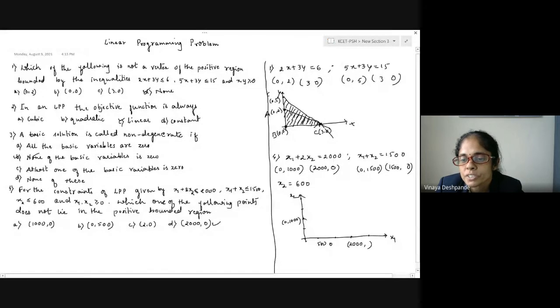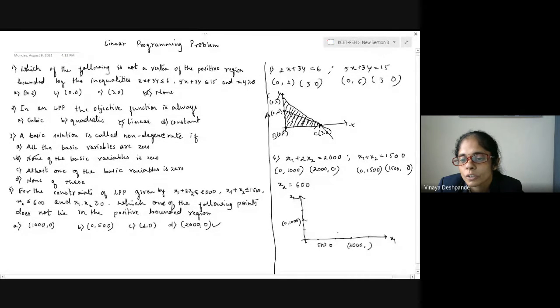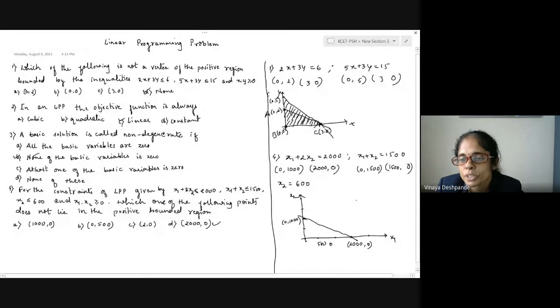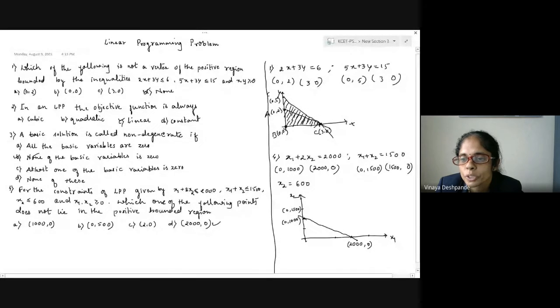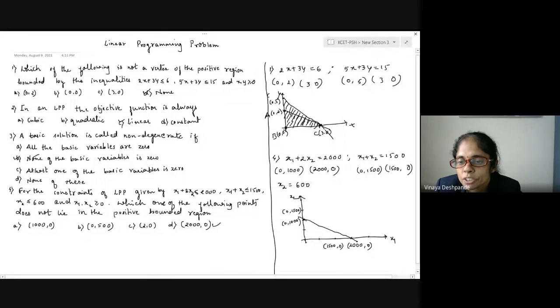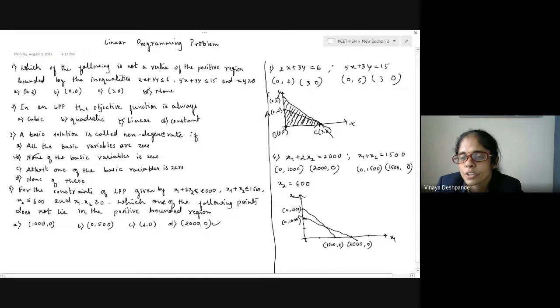Let us join these two points. Next again, x1 is 0, x2 is 1500. Then x1 is 1500, x2 is 0. Let me join these two points.